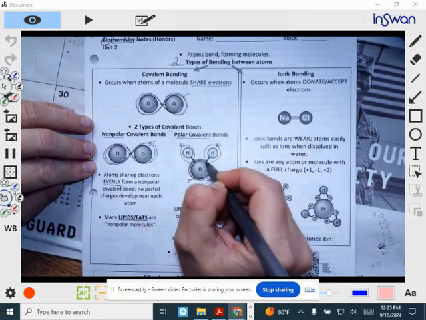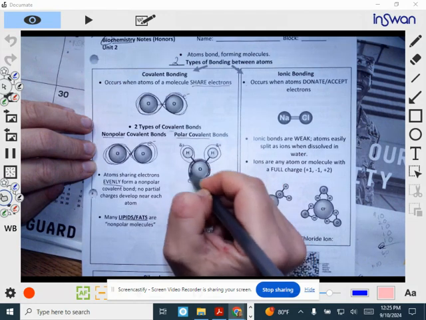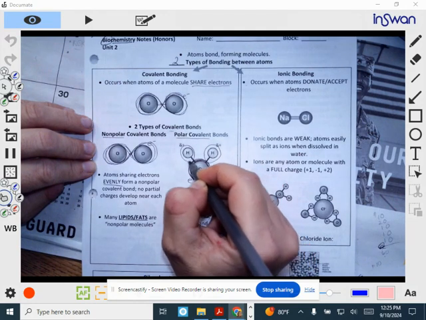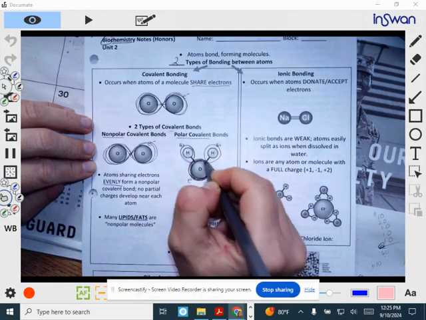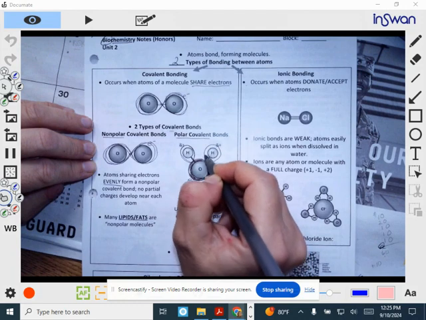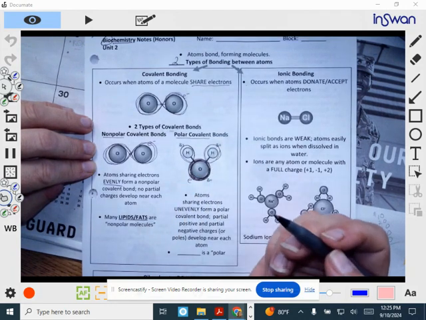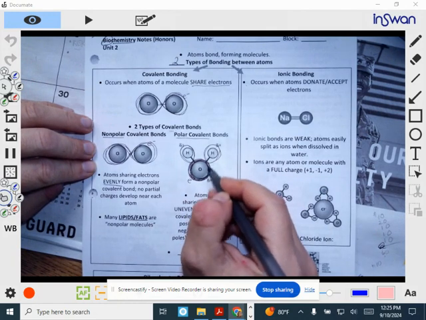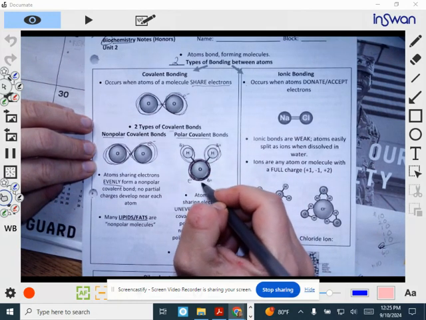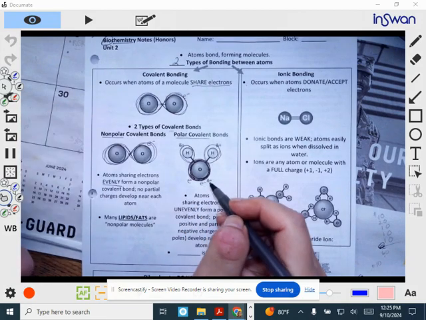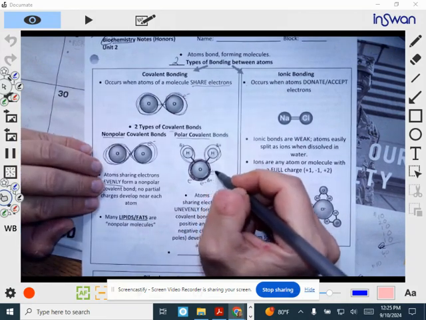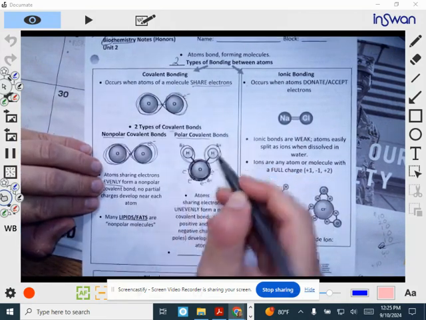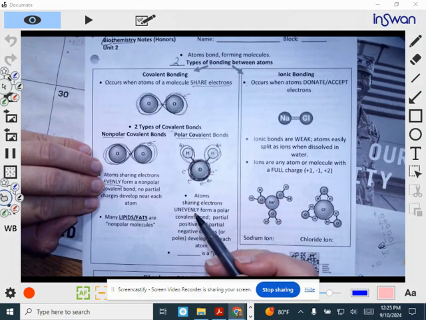See how the electron is orbiting more around the oxygen than it is around the hydrogens. So the electrons are still being shared, but they're being shared unevenly. Now, because electrons spend more time around the oxygen, if I had the electrons freeze where they're at in orbit, you would see a large amount of electrons around the oxygen.